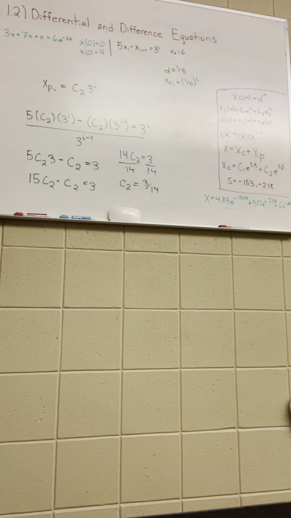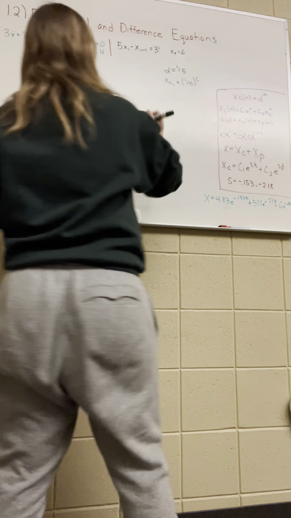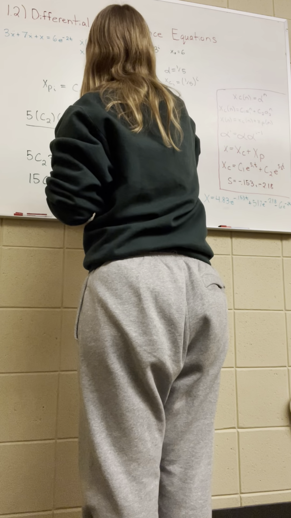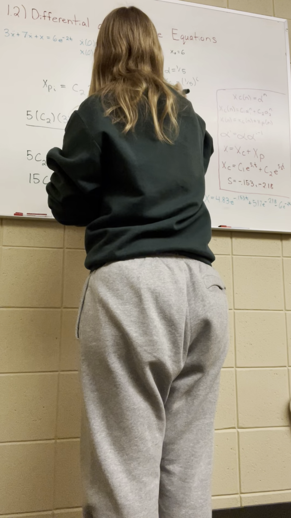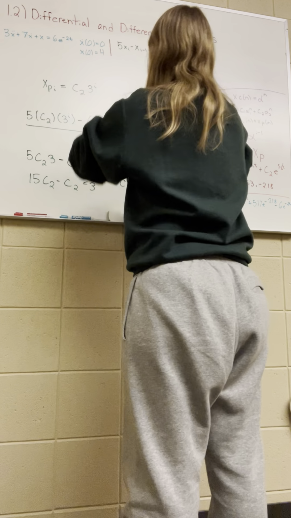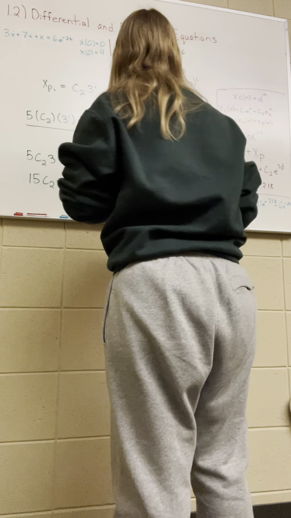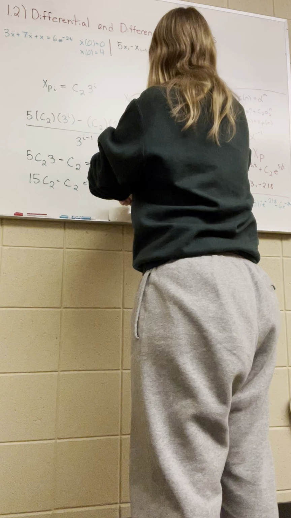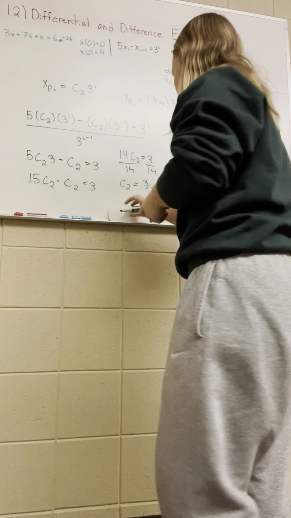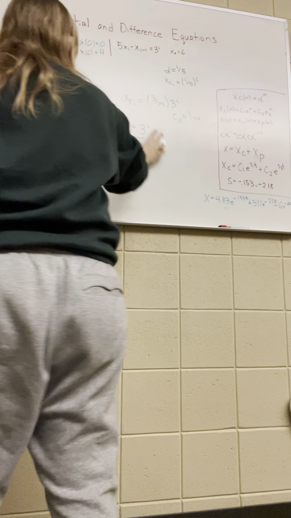And now we have our c2, which also means that we have our x_p of i. So x_p of i will now be equal to 3 over 14 times that 3 to the i. All right, so I will leave these two, c2 equals 3 over 14. I'll erase all this real quick.